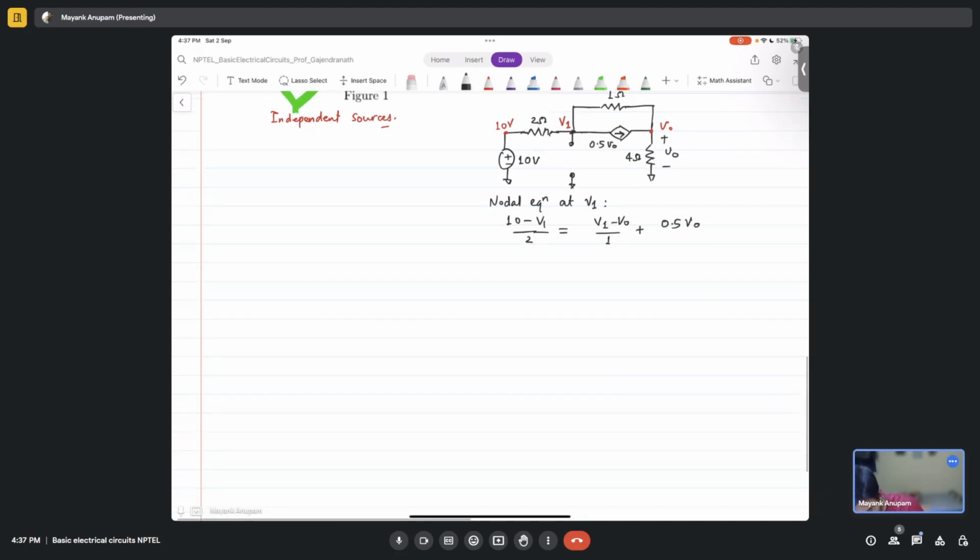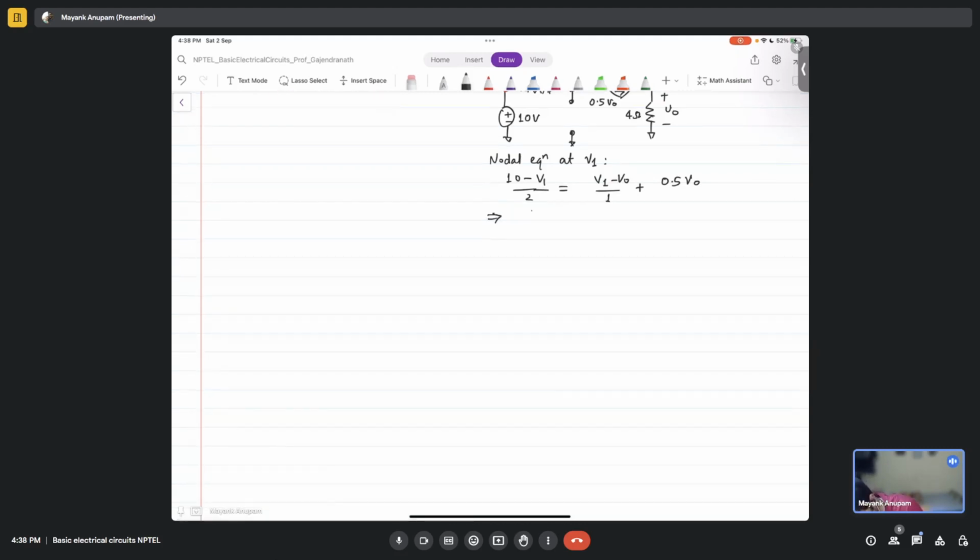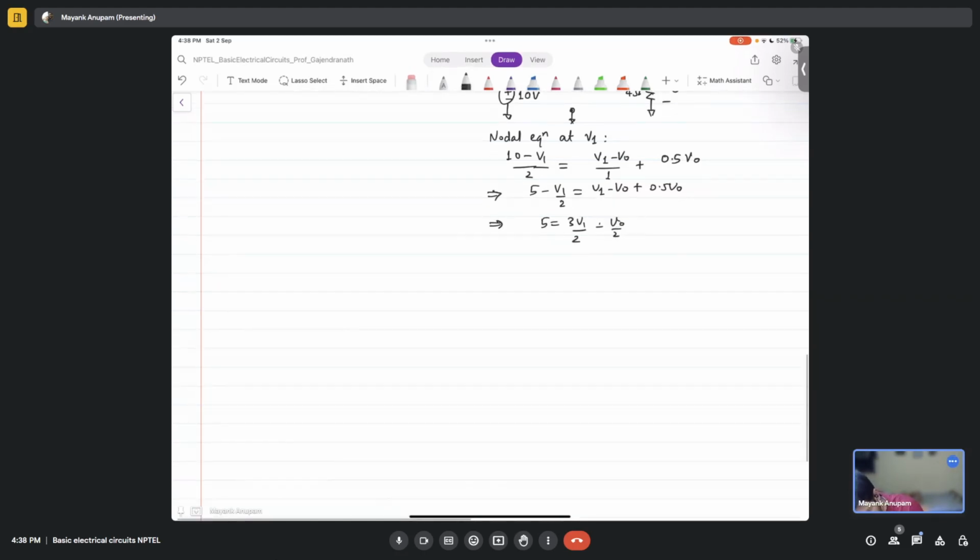This is our equation number 1. Let's first take the similar terms together. So 5 minus V1 upon 2 is equal to V1 minus V0 plus 0.5 V0. This will be 5 equal to 3 V1 by 2 minus V0 plus V0, so it will be minus V0 upon 2. Is this correct? I hope so. This is our equation number 1.